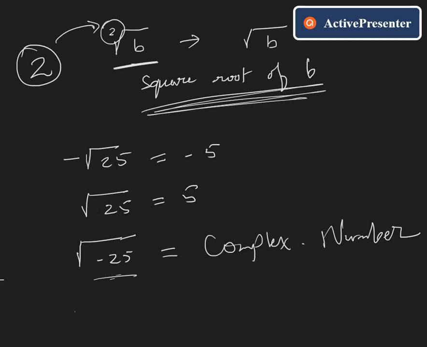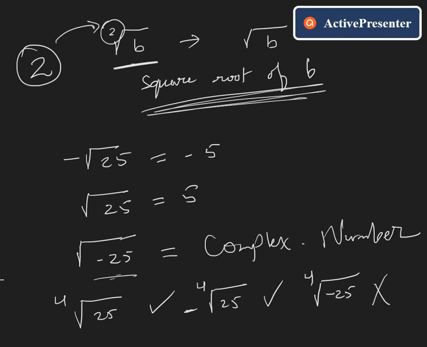So if I tell you the fourth root of 25, it is okay, a real number. If I tell you minus the fourth root of 25, it is also a real number. If I tell you the fourth root of minus 25, you know it is not a real number, because we have here a positive even integer.